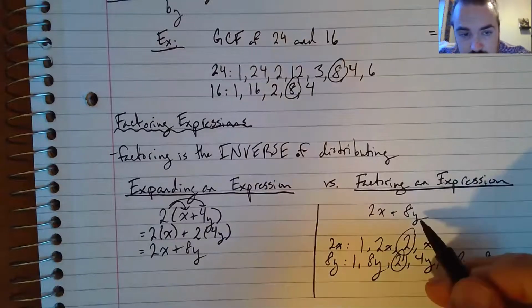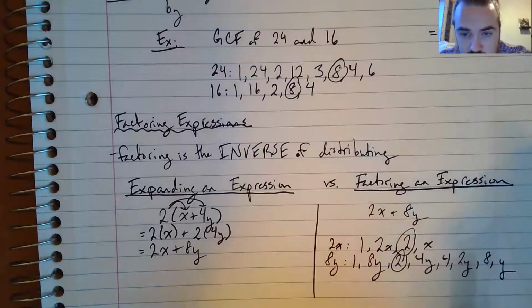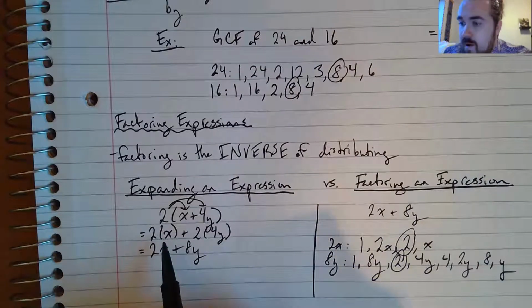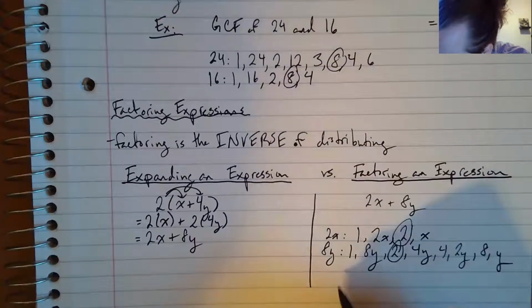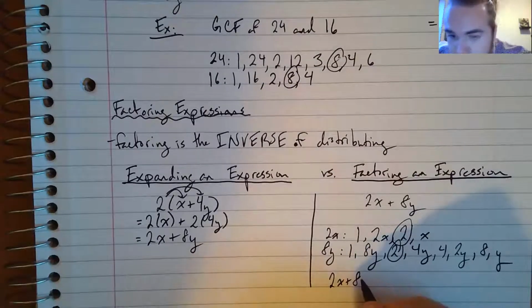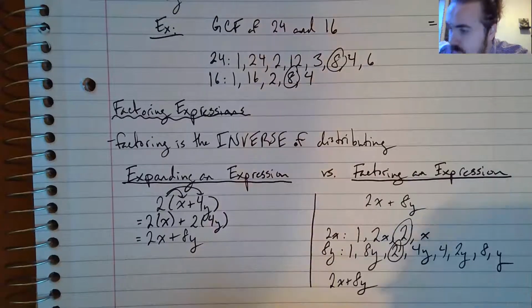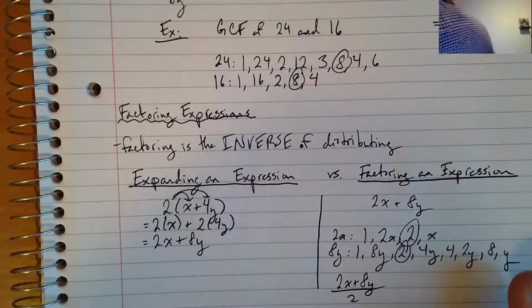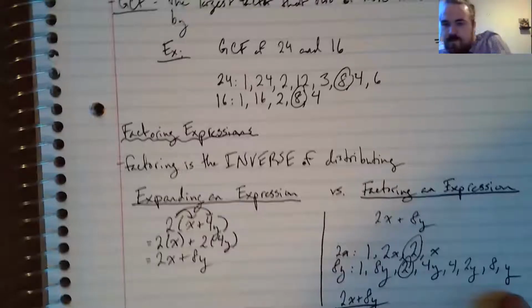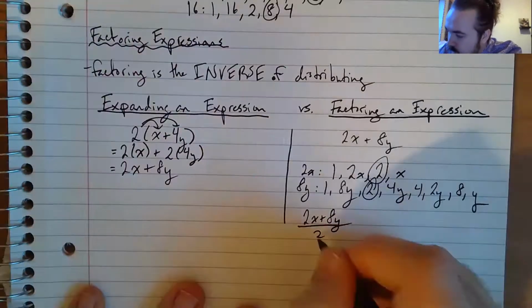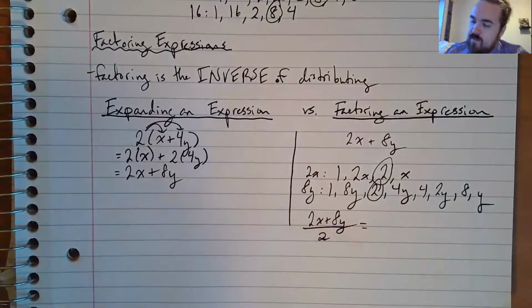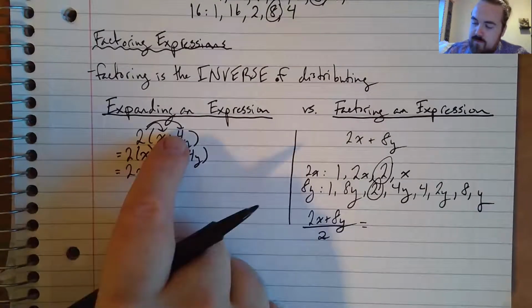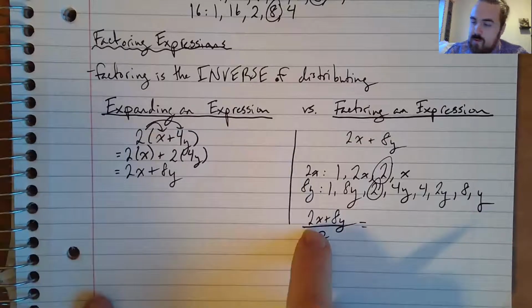Remember, we're distributing, we're multiplying. So here we're dividing. The way to find out what should be inside parentheses is by dividing what we're given, 2x plus 8y, by the common factor, by 2. All right, so 2x plus 8y divided by 2. Kind of similarly to distributing, how this goes to both numbers, this division can go to both numbers.